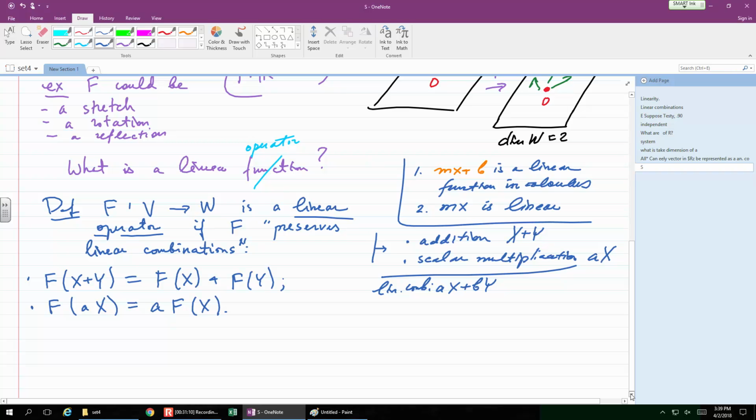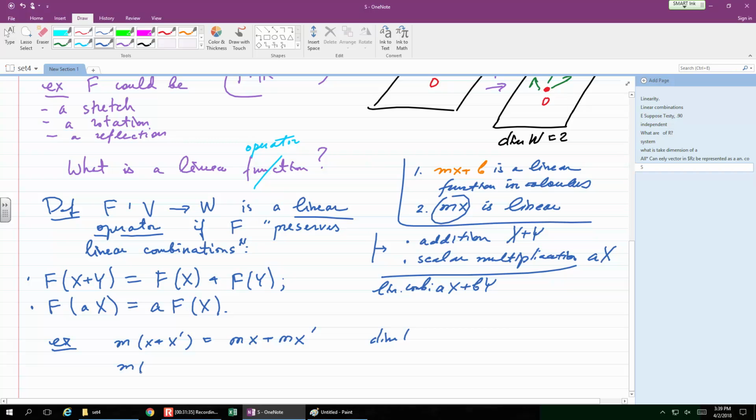Okay. So it is certainly very easy to demonstrate that the function we looked at, mx, is a linear operator in that sense, and mx plus b is not. So for example, m(x plus x prime) is equal to naturally mx plus mx prime. That's an example from dimension 1 algebra.